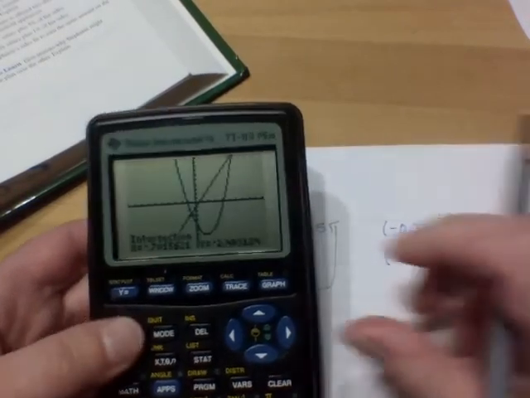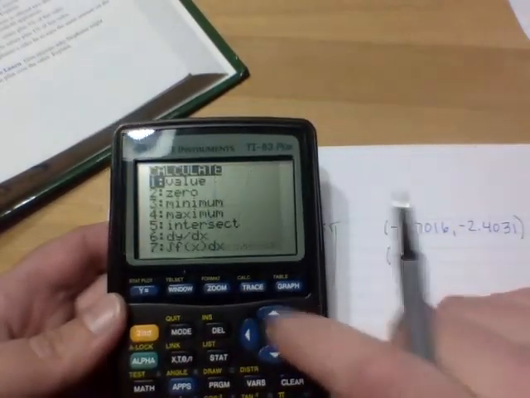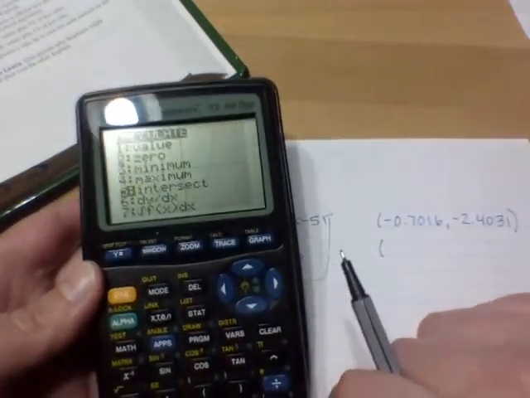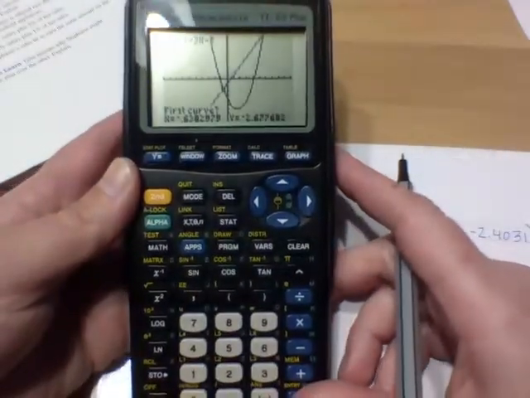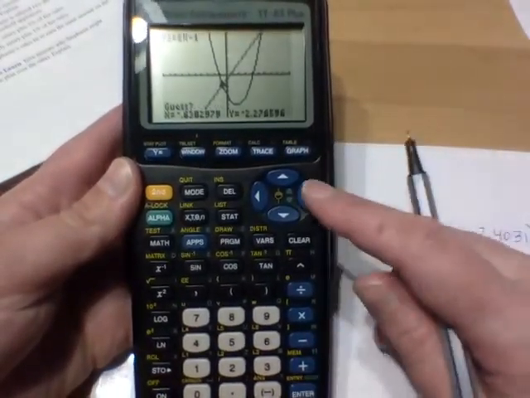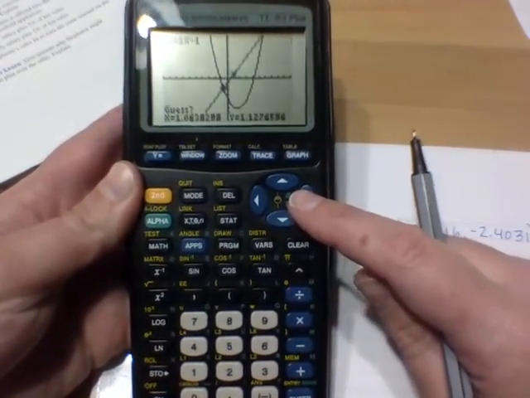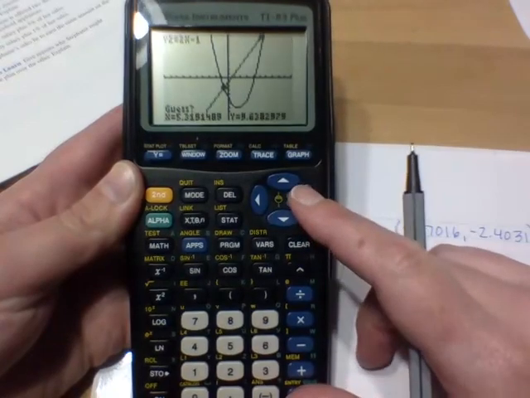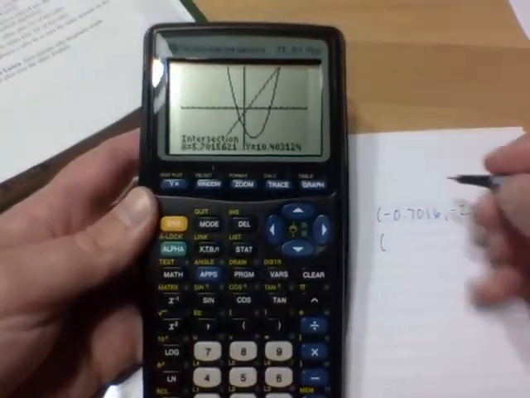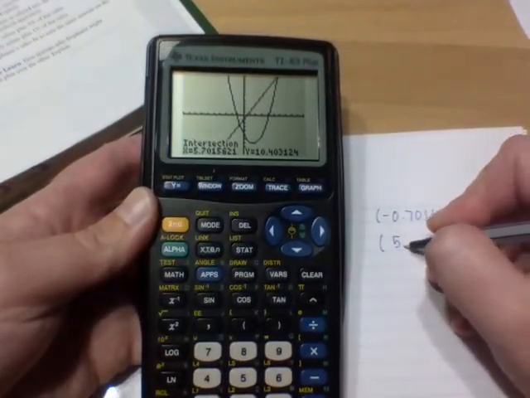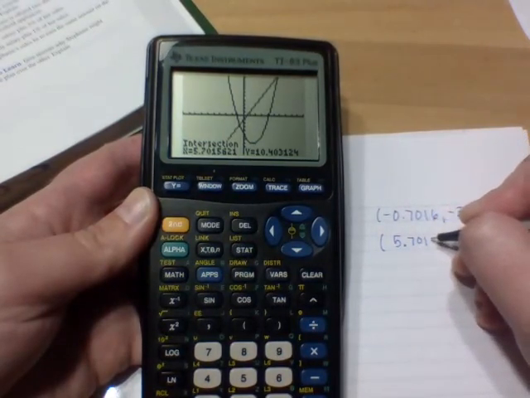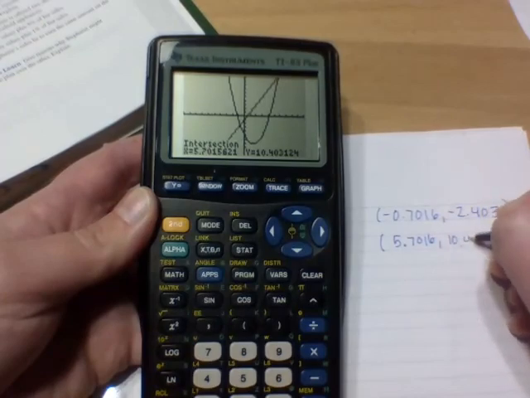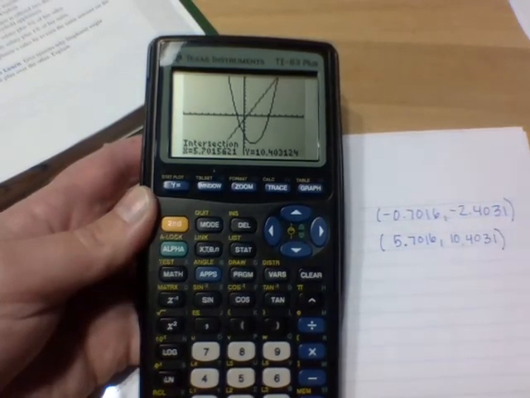The other one, again, second trace, going down to intersect, we're going to press enter twice because it already hops from one curve to the next. But then we're going to scroll up here and press enter, and that gets us our next coordinate of 5.7016 and 10.4031.